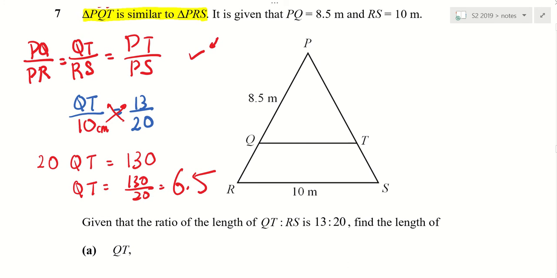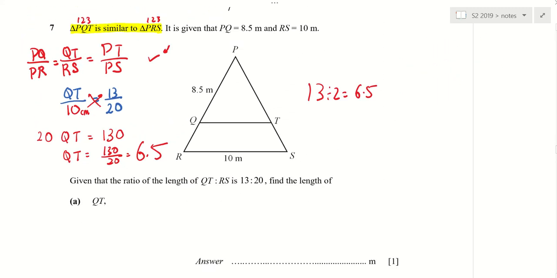You can either do the cross multiply way, or you can ask yourself, this is 20, this is 10, so you divide by 2 here, and here also divide by 2. Clarence just now asked, teacher, can I just take 13 divided by 2? The answer is yes. So you can also get a mark by writing this, because this is just 1 mark. Now, B.